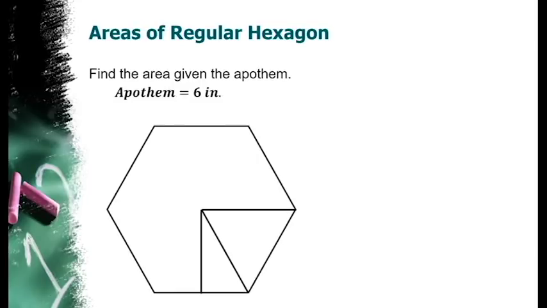Our final problem for a regular hexagon is one that starts you off with an apothem. If we have an apothem here of 6. Now we know that the central angle is 60. The apothem cuts it in half, making a 30, 60, and 90.